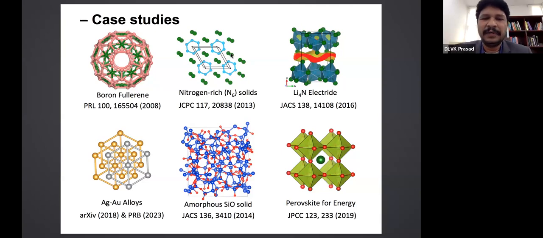For example, I will show you here, we have modeled nitrogen-rich compounds which were not made in experiments, but in silico. And then later on, very recently in 2021 and 2022, these were made in experimental labs. I just talked about lithium nitrogen compounds.